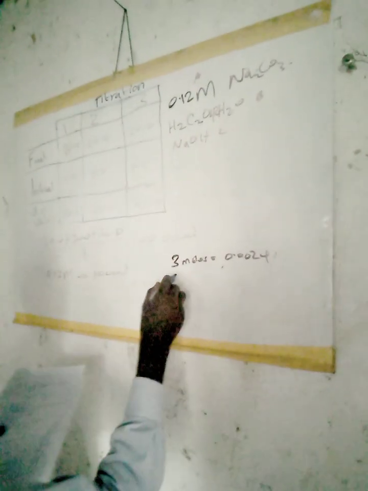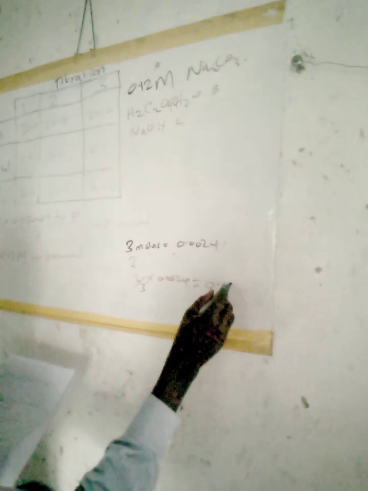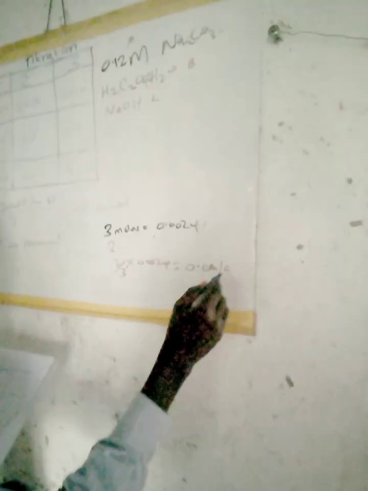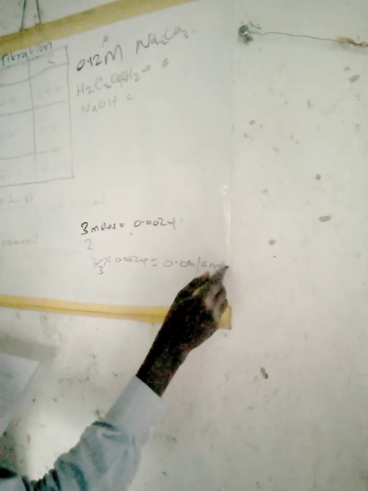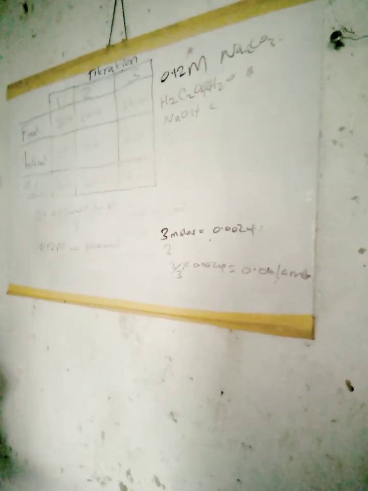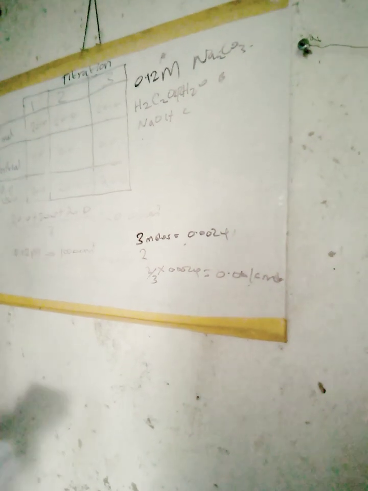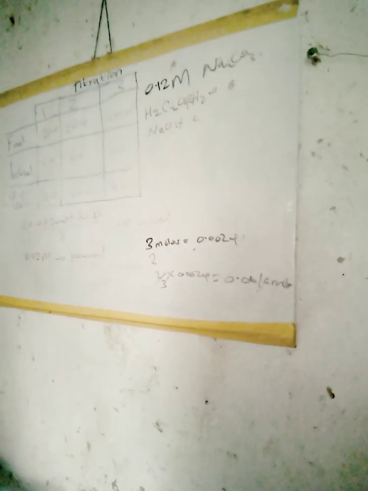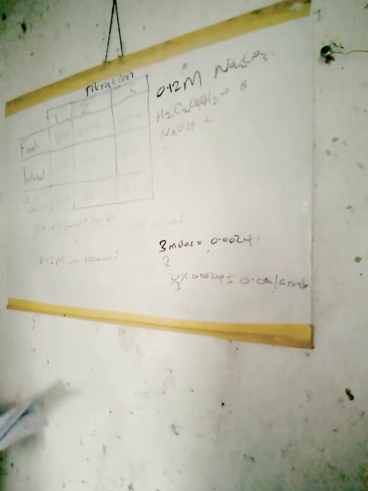What about 2? So it is 2 over 3 multiplied by 0.0024. So we are going to get 0.0016 moles of solution D. Because for solution D, you have just added distilled water to the oxalic acid, then you labeled that solution D, and you have been given the number of moles. So it's just a matter of comparing.